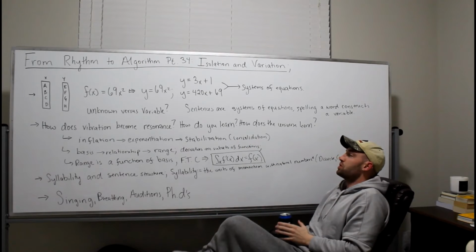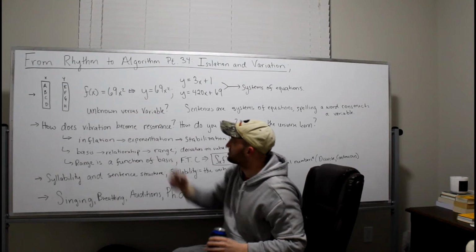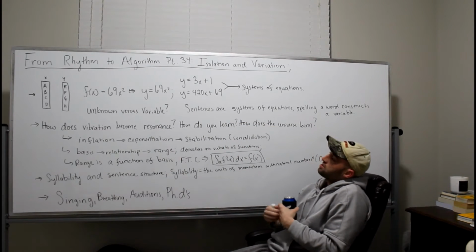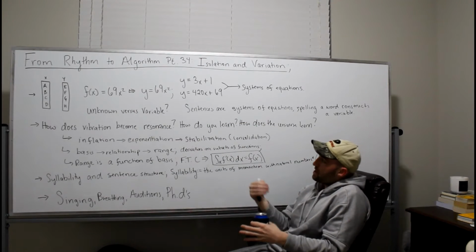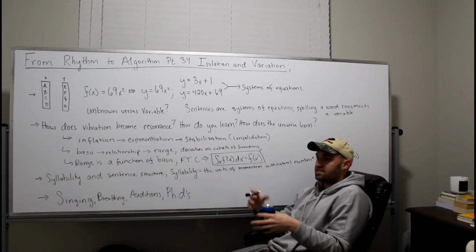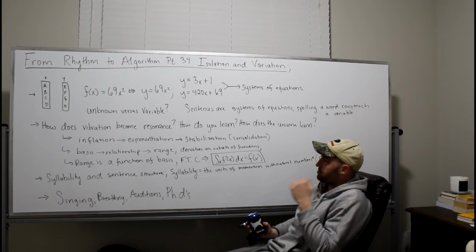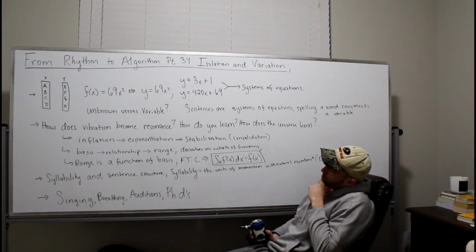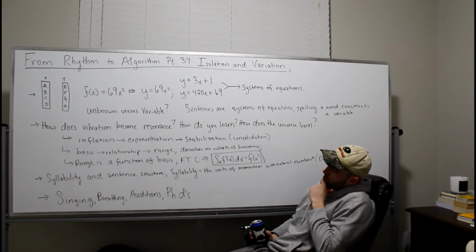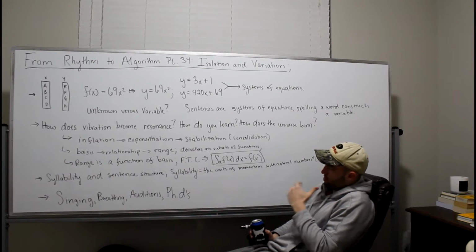Is there a difference between unknowns versus variables? f of x equals 69x squared. The set of elements is the basis of vibration, which is a finite set. The sets with one mathematical operator, we can start talking about different number fields. But I wanted to ask the question: are unknowns different than variables? What is a variable?